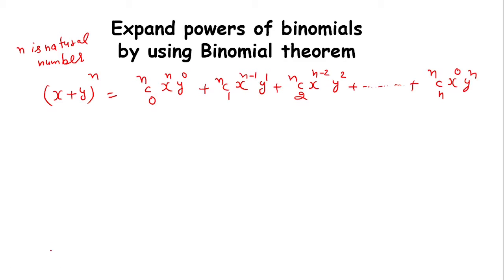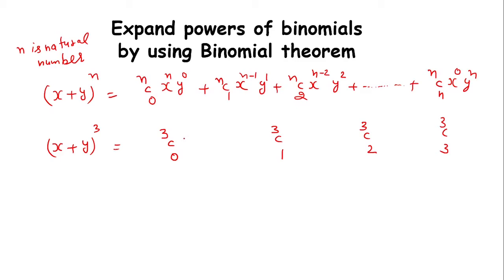I think you're confused about why this is so. Let me take one example, you will get it easily. If we have (x plus y) power 3, then using the binomial theorem, how can I write this? 3C0, then 3C1, 3C2, 3C3. That's it.